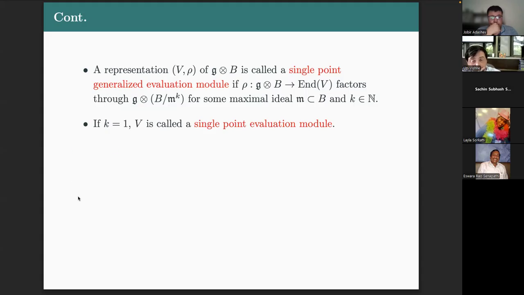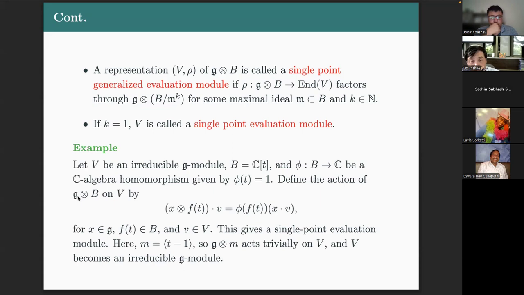For example, take V an irreducible G module, and B equal to C[t]. Take your Lie algebra homomorphism phi, which evaluates t at 1. You define, for an irreducible module, X tensor f(t) acting on v as phi of f(t)X acting on v.